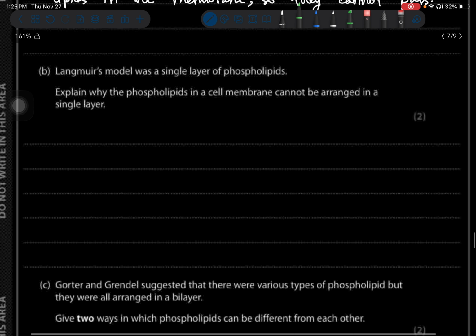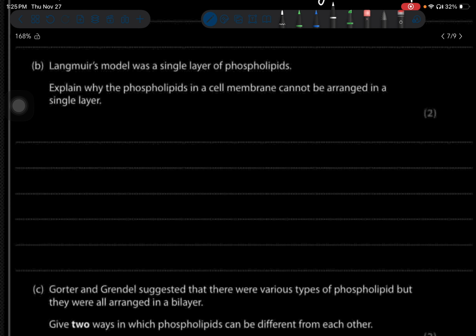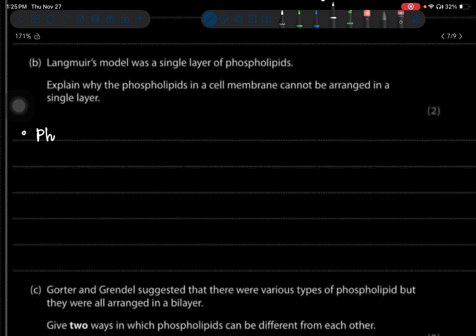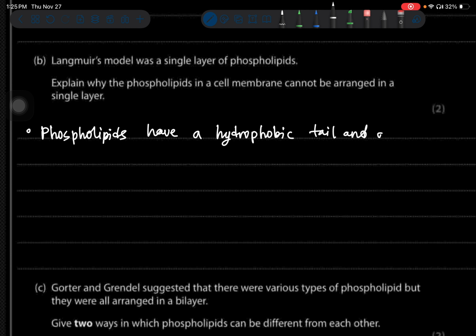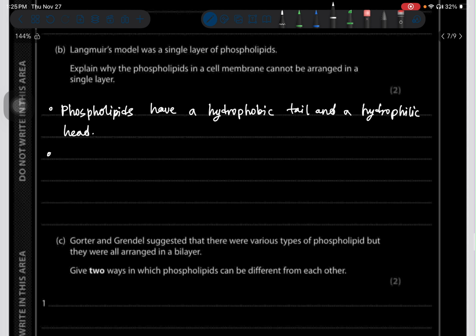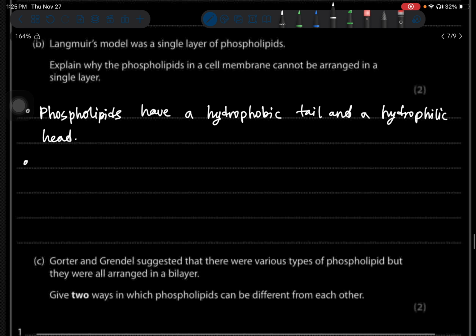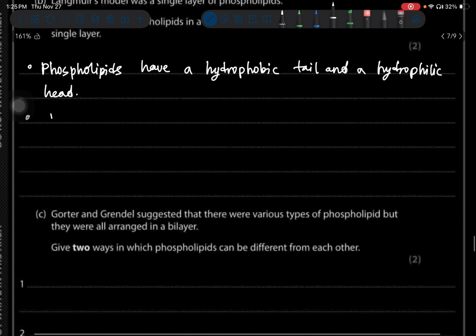So let's write it down. Phospholipids, we'll start with the structure. Have a hydrophobic tail and a hydrophilic head, as we mentioned already. If you're doing the paper with me, then yeah, let's write it together.